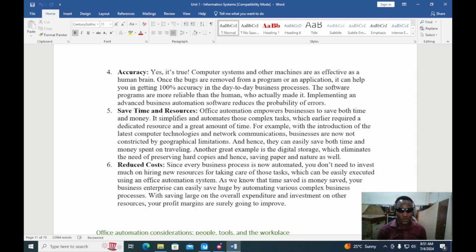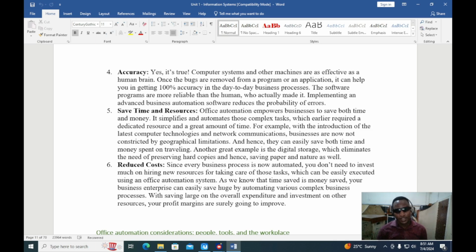So we have software programs that are more reliable than even the human, the human who actually made those programs. Why? Because the human can get tired, and because you are tired at times you tend to make mistakes. But as long as all the bugs are removed from a software or program, that program will run and give you consistent, accurate results throughout time.